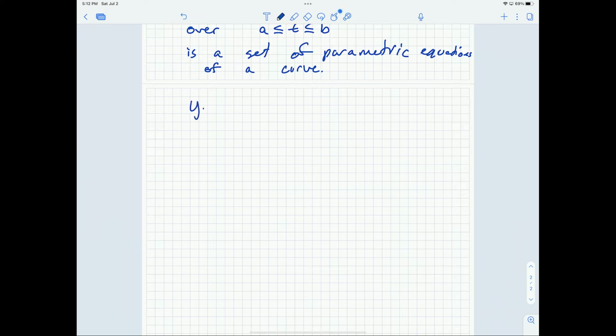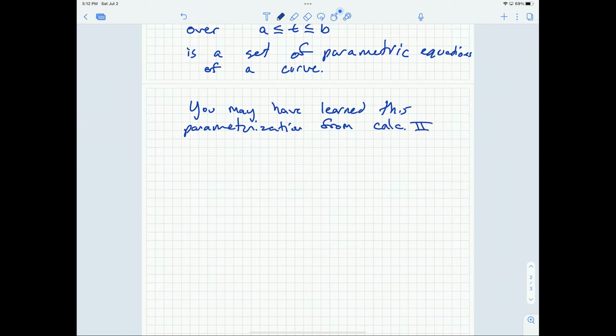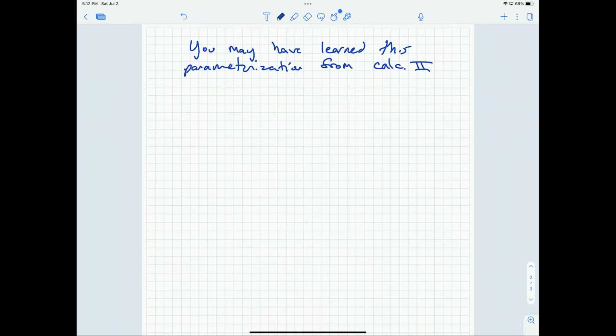So we have learned this parameterization from Calculus 2. What parameterization? This one. Let's say x of t equals cos t, and y of t is sine t.